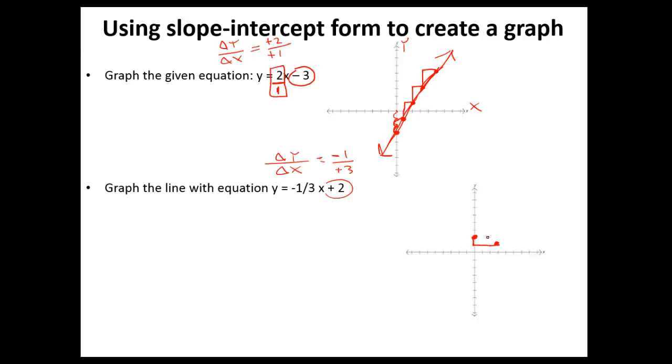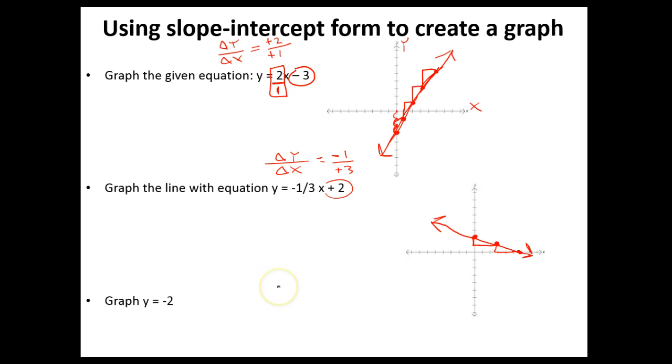But if you do 3 points, you'll know if something's fishy because they won't be in the same line. So I went down 1 over 3. I'm going to go down 1 over 3 again. 1, 2, 3. And now I have enough points to make a good line. And again, I'm drawing this by hand, so it's not perfectly straight, but you get the picture.